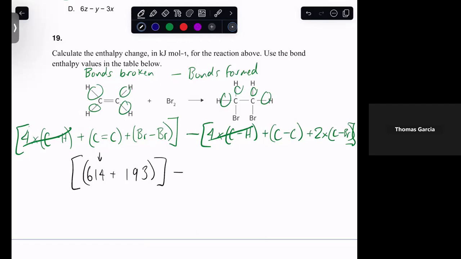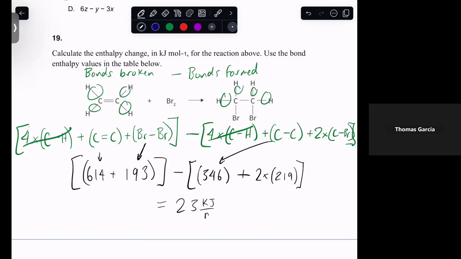Subtract that from carbon single bond carbon, which has a value of 346, plus 2 times carbon bond bromine, which is 219. So I'm going to go ahead and plug this into my calculator, and I get a final answer of 23 kilojoules per mole.